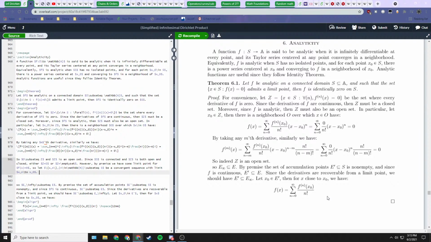so again, by continuity, we have f of x0 being 0. Actually, we can just do this all in one step.